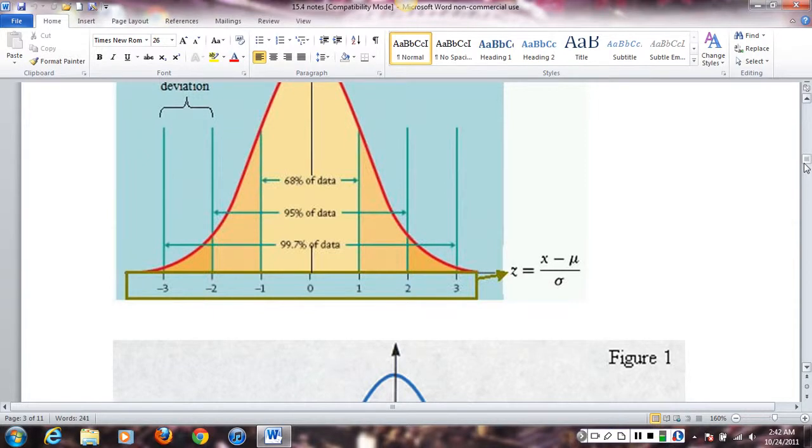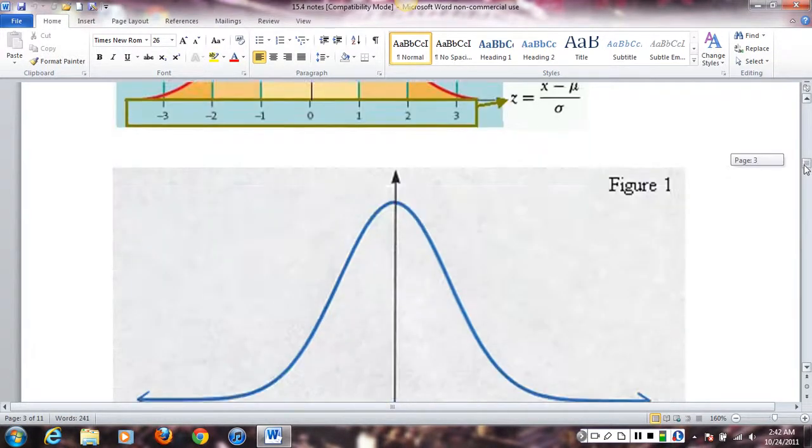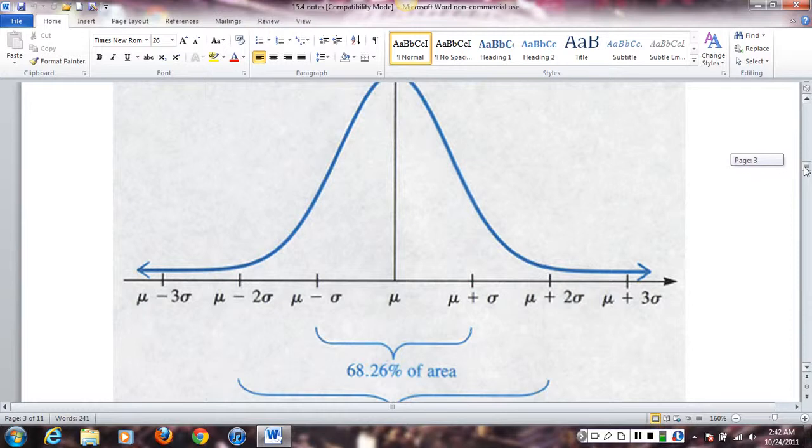Now the formula is needed because when you compile data like this, or it's compiled for you, it usually won't give you 0, 1, 2, 3, -1, -2, -3. It'll put just the mean in with standard deviations, so the numbers would look different. It'll be based off of this.